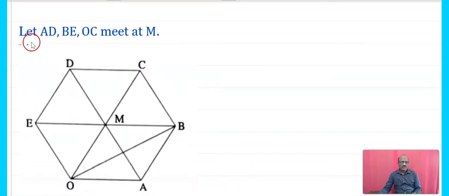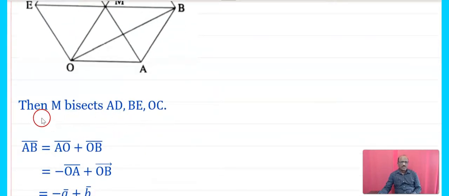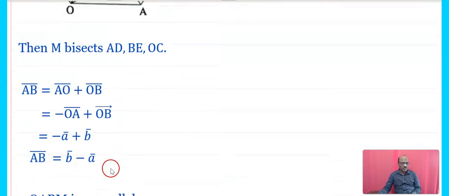Also here AD, A to D, next B to E and OC meet at M. Then M bisects AD, BE, OC. Here AB is equal to A to O and O to B. Therefore AB bar is nothing but AO bar plus OB bar, that is minus OA bar plus OB bar.